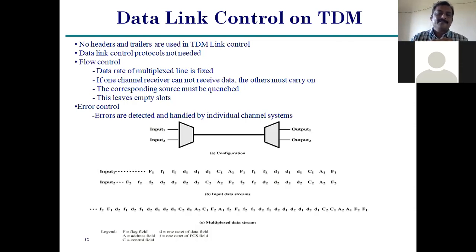That modem combines all these inputs, and the mixed information is transmitted through channel 1 like this. So here there is a combined information data stream, or multiplexed information. Multiplexed means all these individual users' data are combined.